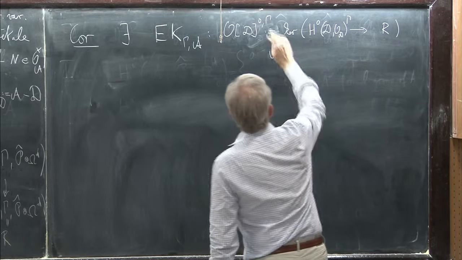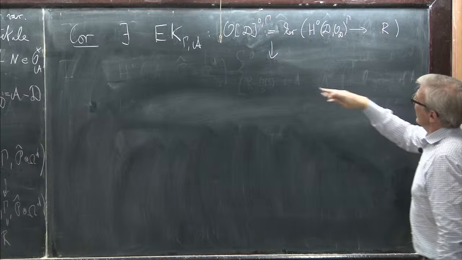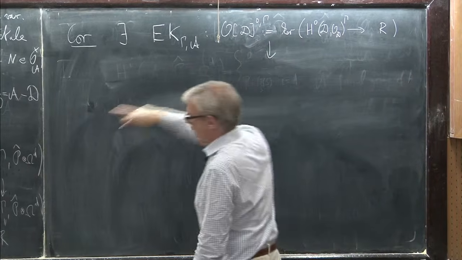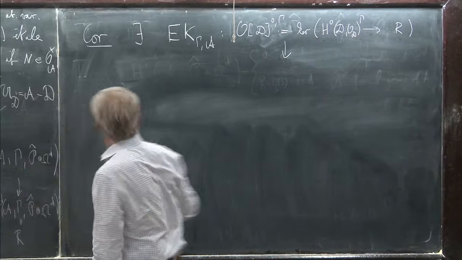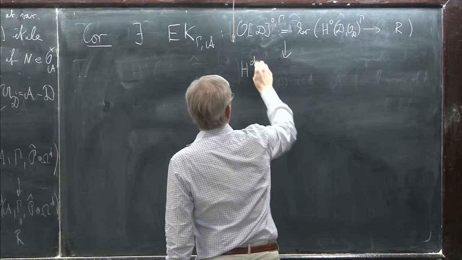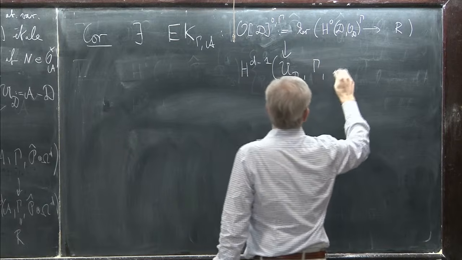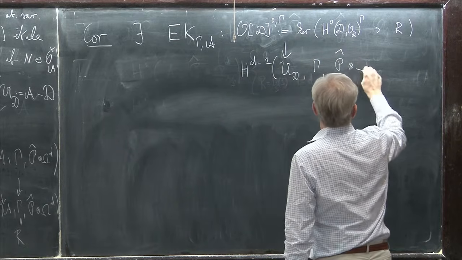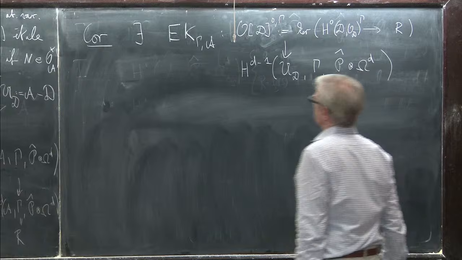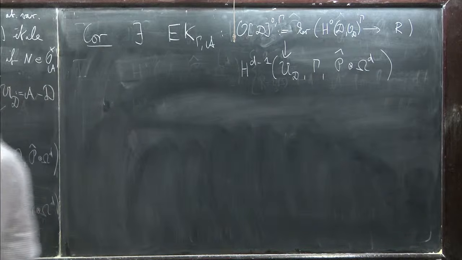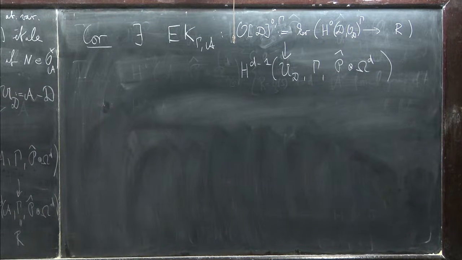But we use this notation. And from there, we have now a map to this group. So we produce somehow cohomology classes there, and unique cohomology classes.